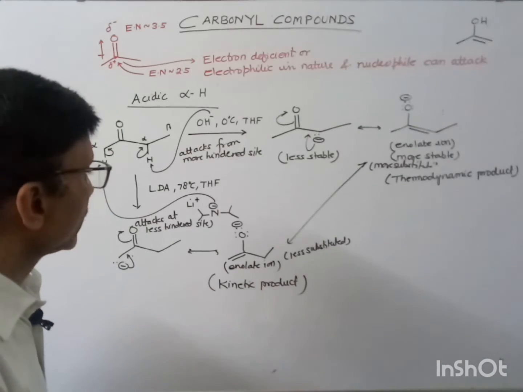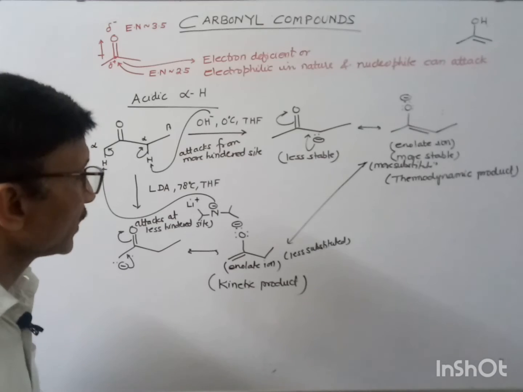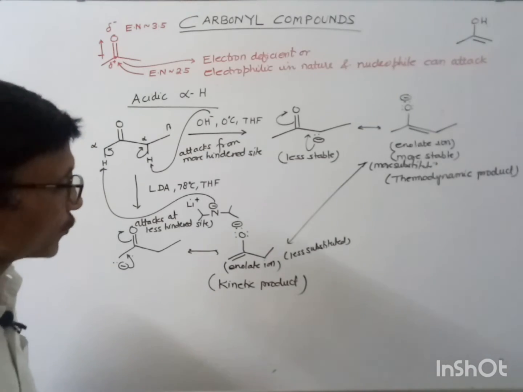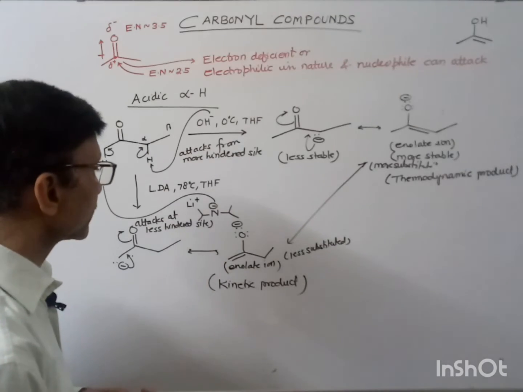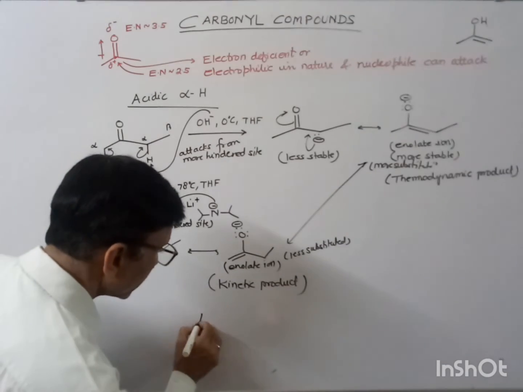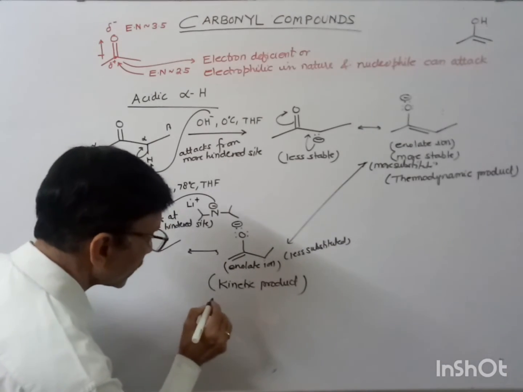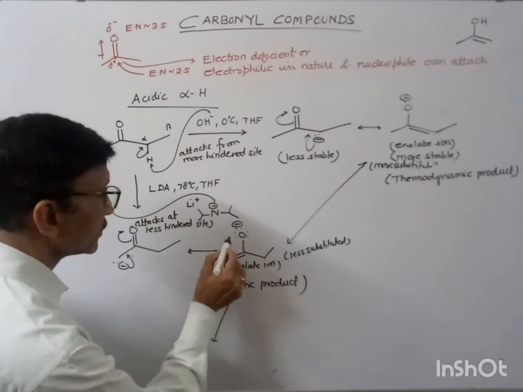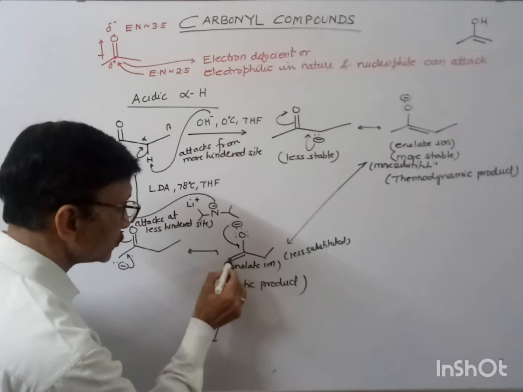Okay, and finally, if any nucleophile is present, suppose any electrophile is present, then in the presence of this electrophile, what will happen? The electrophile will attack at this position.